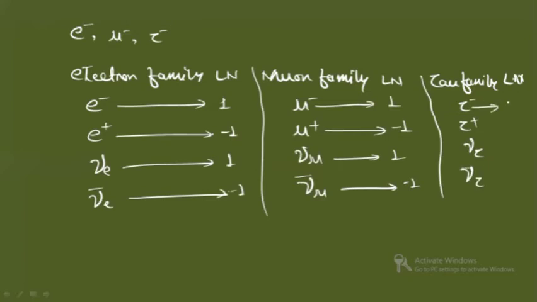The particle and neutrino have +1, and here you have -1. This is very simple; just practice and it will be very easy. As we saw in the classification, antiparticles of leptons have lepton number opposite to that of the particle. Clear?